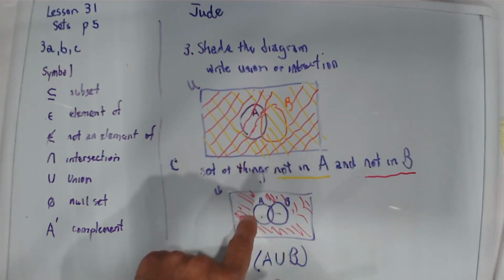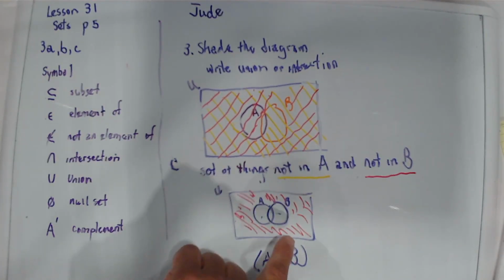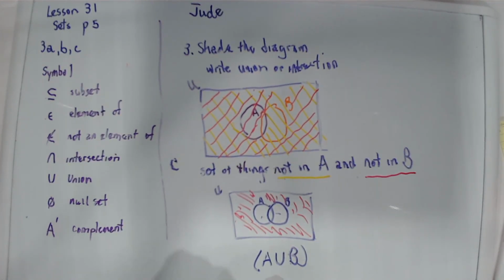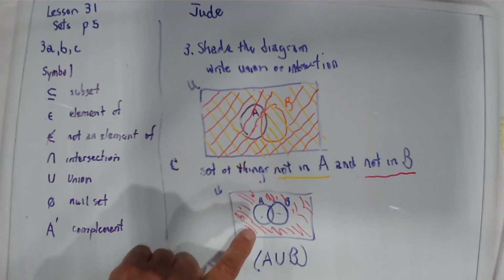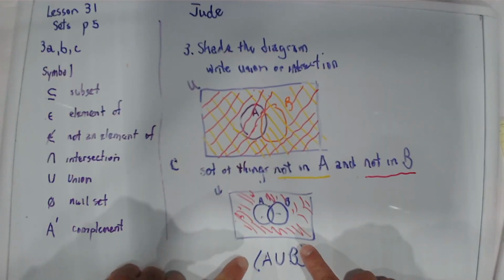Because I've combined those two, but I want everything outside of A and B, which is the complement. When you talk about a complement, it means everything outside of the sets that you've defined. So we've defined the sets that we're looking for as A union B, which is a combination of the A and B that we see here.